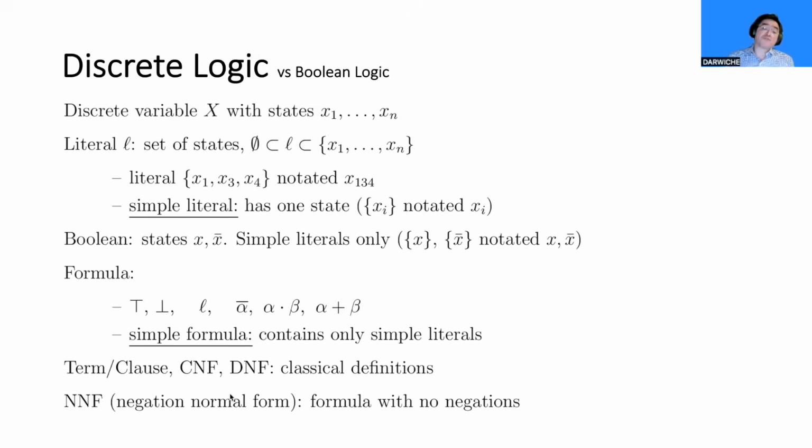The notion of negation normal form formulas ends up being very important in this theory. It's a formula that has no negations. So you can only have literals, and you can compose them using ands and ors. You cannot use the negation in this particular form, and as you'll see, it will play an influential role in this theory.